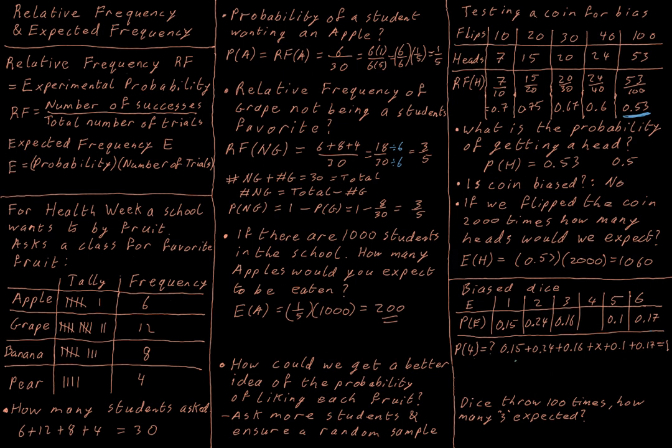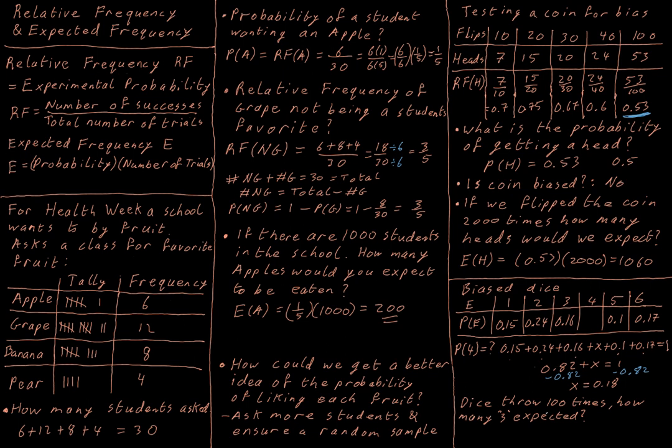So I add up all of my like terms, and I get 0.82 plus x must add up to 1. And rearranging that, subtracting 0.82 from both sides, I get x is equal to 0.18.